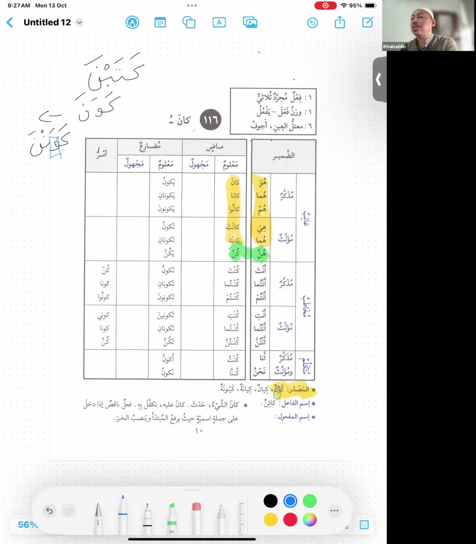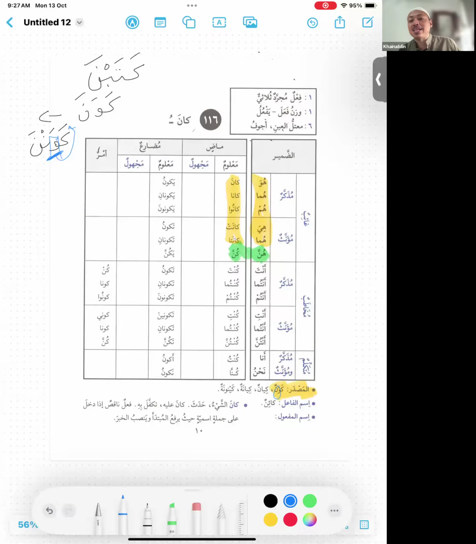Instead of putting it there, they move it to the shakl, that means the fatha, the kasra, the dhamma. The shakl for the fa'ala, they put a shakl that is munasib, that is suitable for kawana.